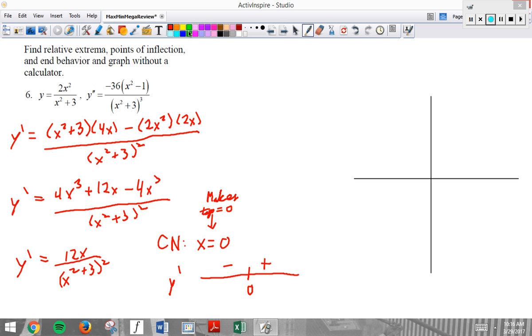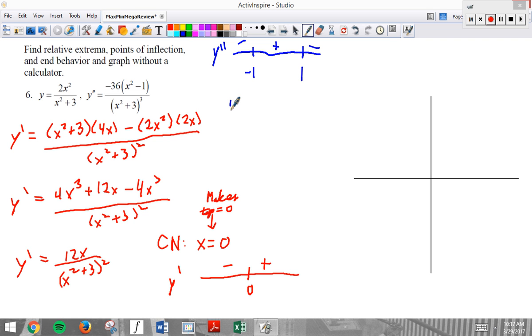Now, points of inflection, y double prime. We're worried about -1. We're worried about +1. Now I'm checking the sign of the whole thing. When I'm at 0, I'm overall getting a positive number. When I'm at -1, I'm overall going to get a negative number.